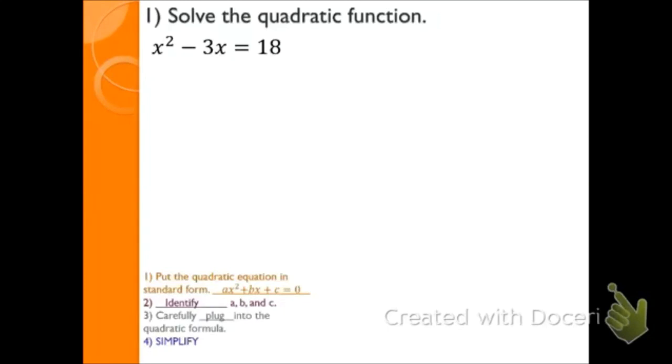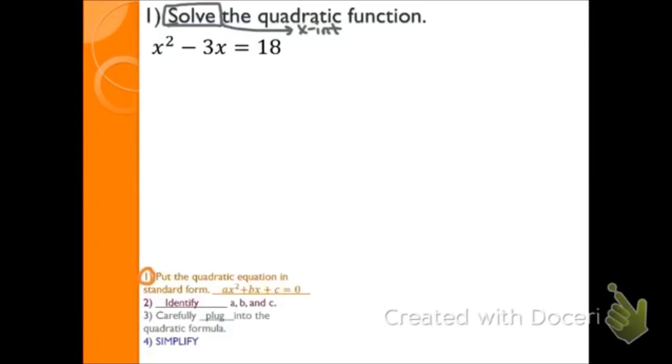So let's begin by using those steps. Here they want us to solve the quadratic function. Anytime you see this word solve, that means that we're trying to find the x-intercepts, and one way of finding the x-intercepts is using the quadratic formula. The first step is to make sure that it's in standard form. As we look, x squared minus 3x equals 18 is not in standard form.